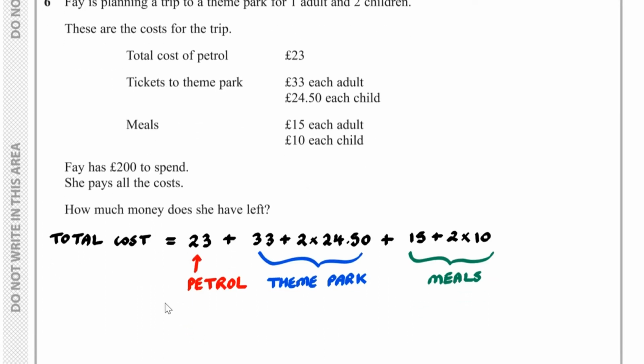So if we work out what this is all equal to, we've got 23 plus 33 plus, now 2 times 24.50, that's 49, and then we add on 15, and then we add on 20.